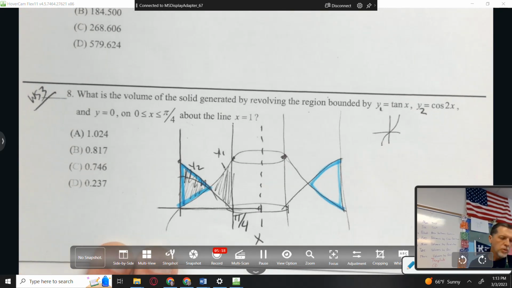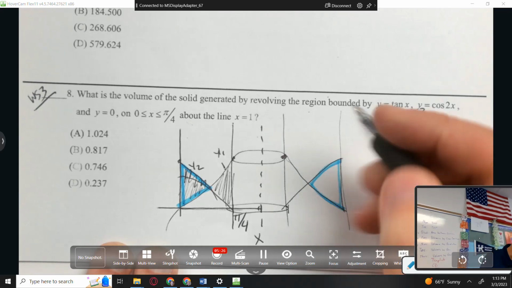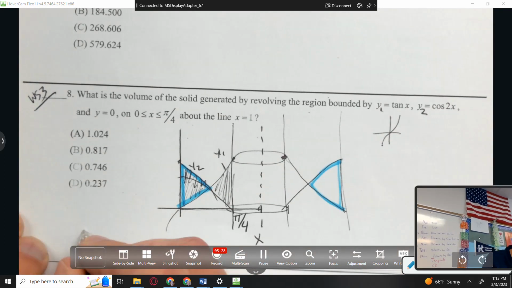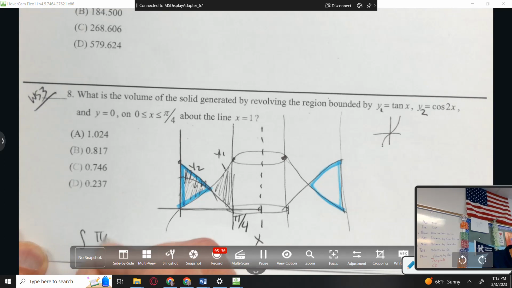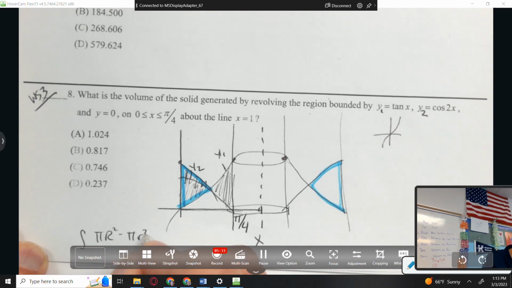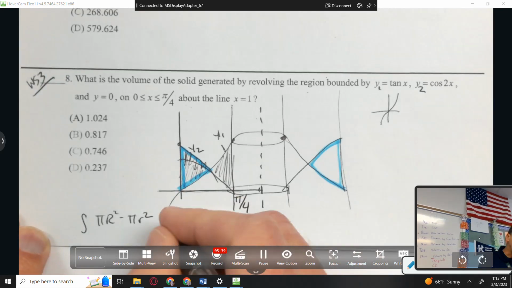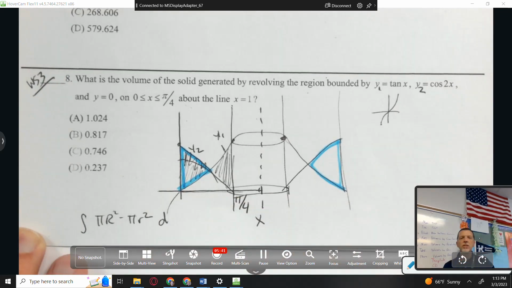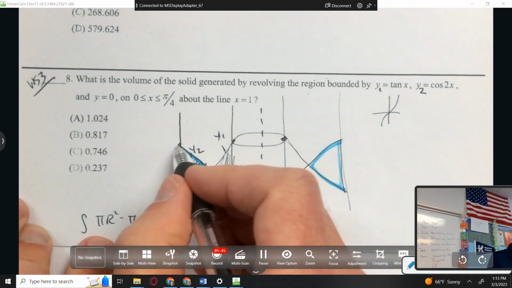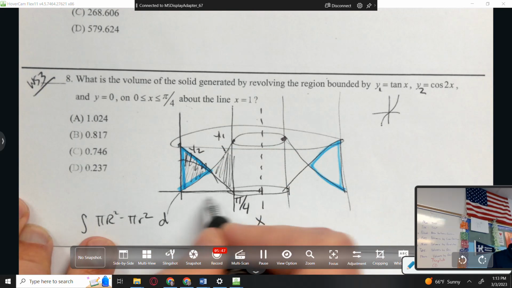So let's do the blue one first. Well, the template is pi r squared minus pi r squared. Are we going dy or dx? Can you tell how these things are stacked up? That'd be dy.